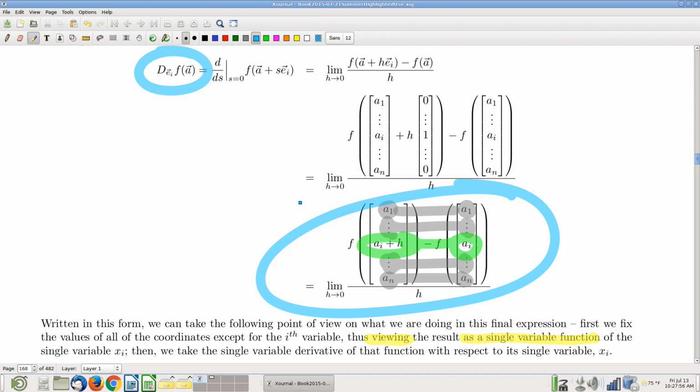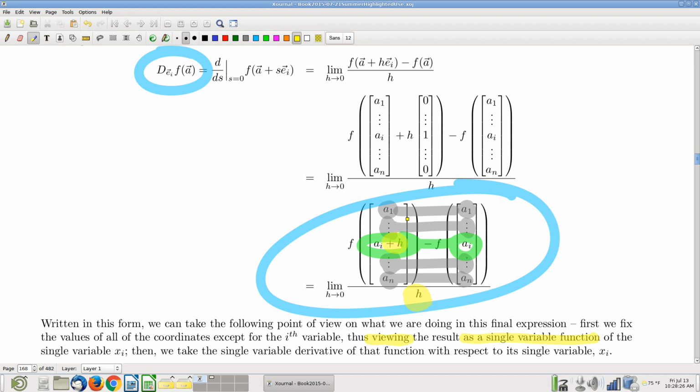Let's call it a constant because it is a constant for the purposes of what we're doing here. And the only actual variable, the only thing that's changing, I'm going to plug into the function. Then I'm going to add h, plug into the function, subtract, divide by h. Notice we're dividing by exactly how much we're changing the input. This is a single variable derivative. Calc 1. Everybody on board?